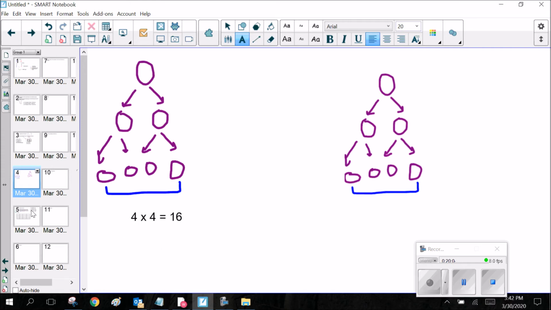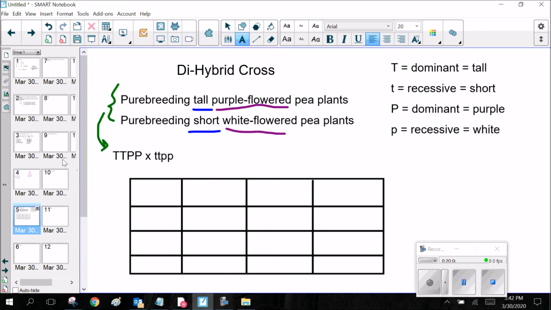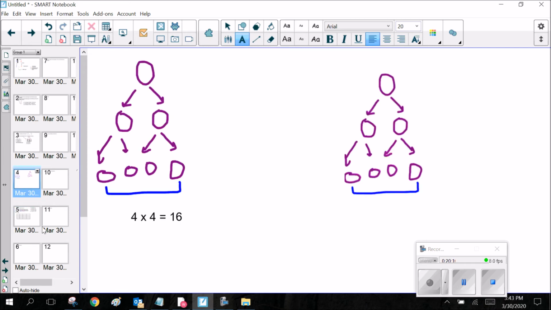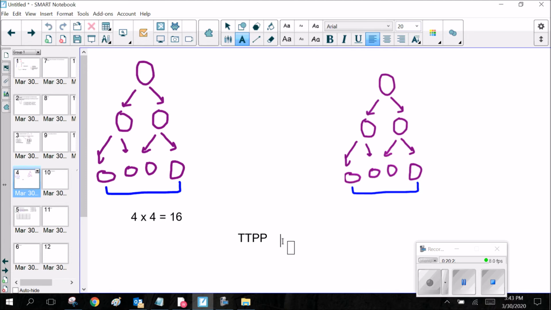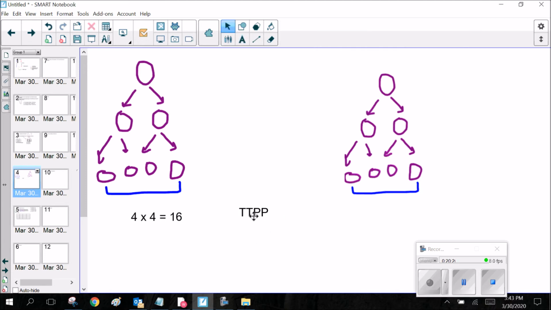Now, how do we actually determine what's going to go over each of these boxes? Well, I'll tell you. What we're first going to do is take a look at that one parent's genotype, big T, big T, big P, big P. So this is our first parent, the purple tall flower pea plant. If we take a look at this organism in its genotype, there are different combinations of genes that we could get using this guy's alleles.